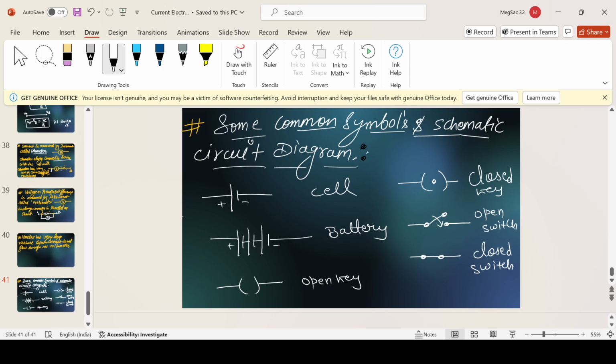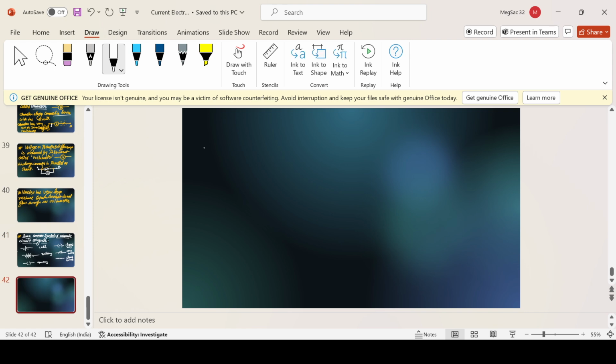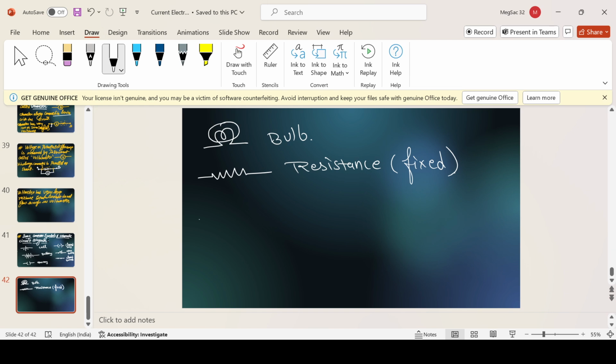Then let's make the next one. This is an incandescent bulb. Then this is a resistance, a fixed resistance. Then this is a variable resistance.